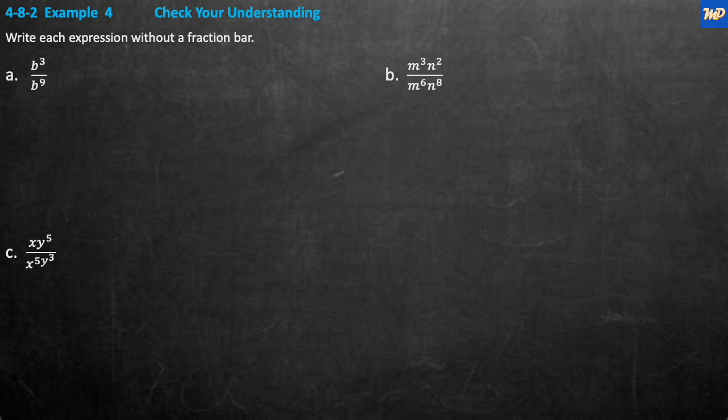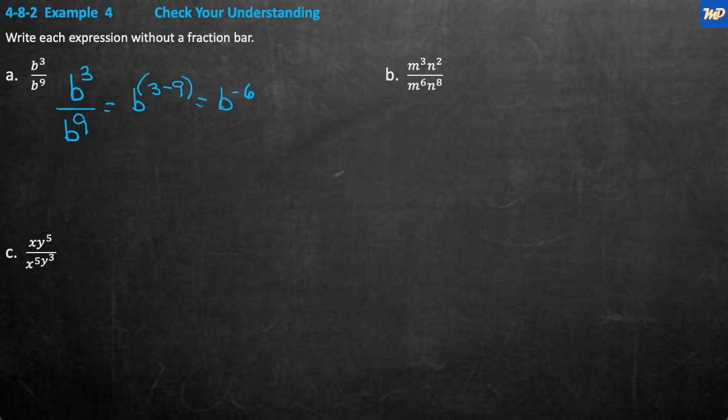We have b to the 3 divided by b to the 9, and that's equal to b to the 3 minus 9, which is b to the minus 6. That's the answer. If we were going to complete it with a fraction bar, we'd move this b to the minus 6 to the denominator, and it would be 1 over b to the 6th.